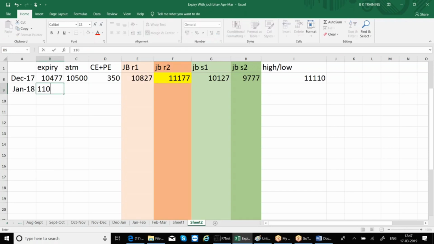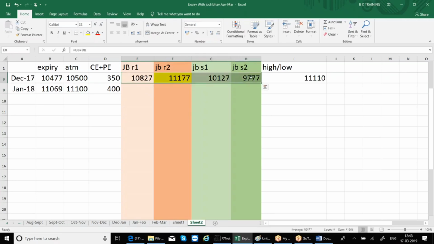January expiry 11,069, 11,100. जोड़ी भाव was 400, मीन्स कितना हो गया? हो गया? तो मैं इसको जरा नीचे तक ले जाती हूँ तो हम लोग जल्दी कर लेंगे.